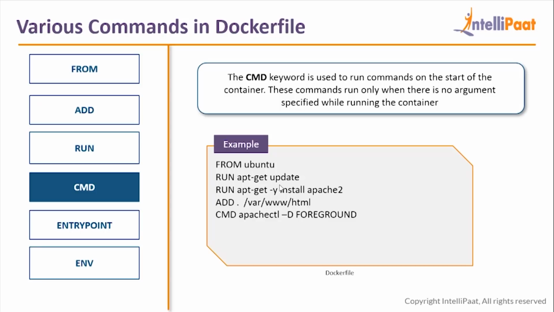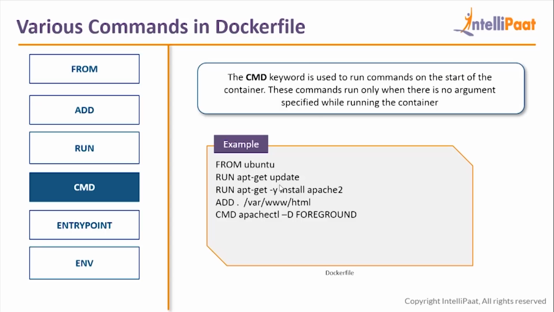But when you pass it using the command CMD, which is nothing but all the commands run at startup time, whenever the container starts, this command will execute automatically. So CMD apachectl -D FOREGROUND would run Apache the moment the container starts, and this is exactly what we want. This is possible using CMD.